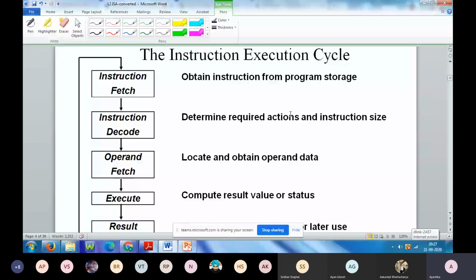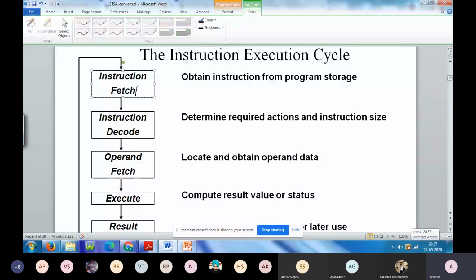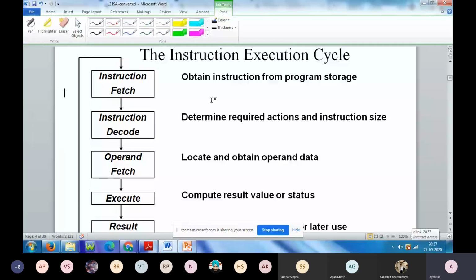When I'm fetching, I'm in this state. In this stage, I'm fetching some instruction from my memory. Of course, they are nothing but strings of 1s and 0s.